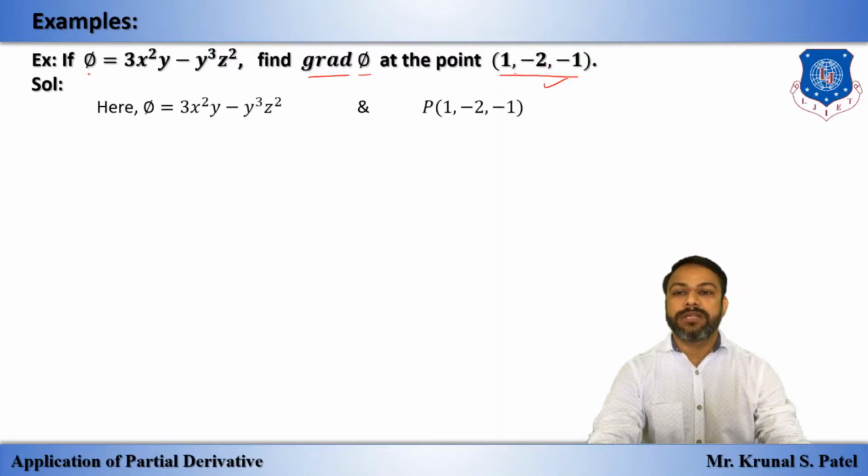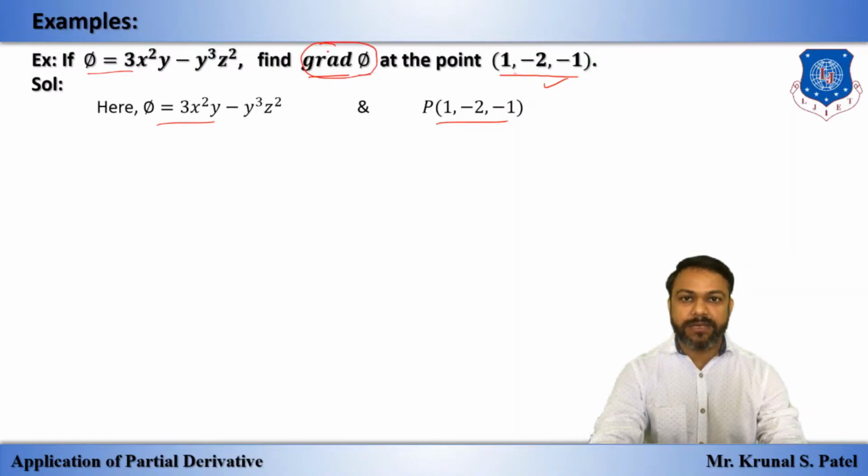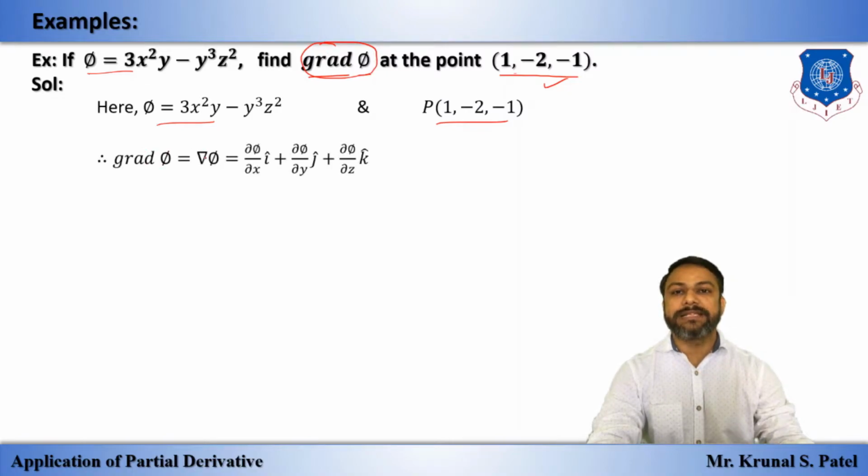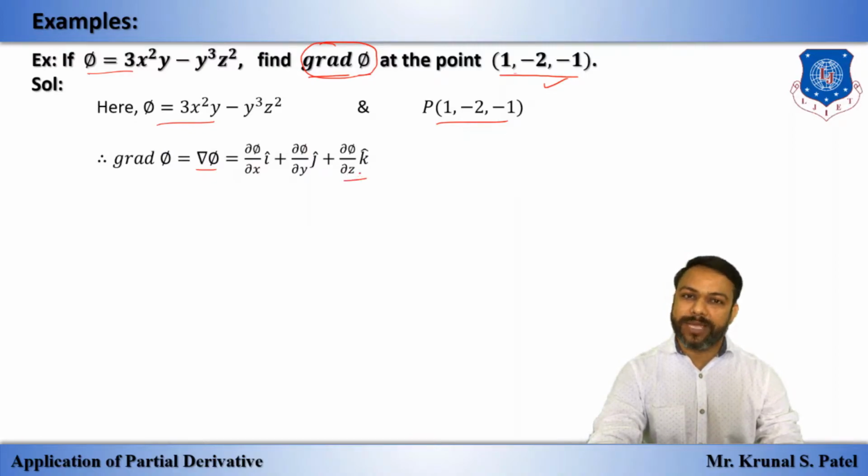First write down the given function and the point P, which is given in the question. Now what is the definition of grad phi? We already saw it. Grad phi, we can say del phi also, is equal to del phi by del x into i cap plus del phi by del y into j cap plus del phi by del z into k cap.